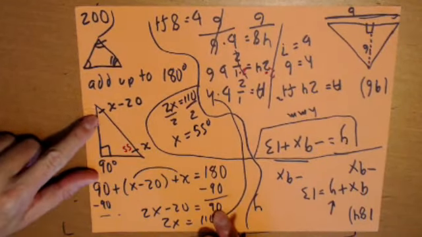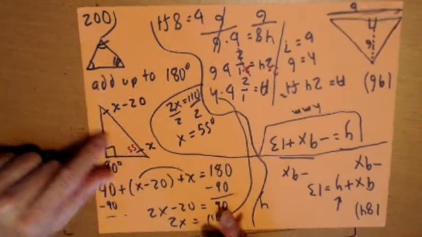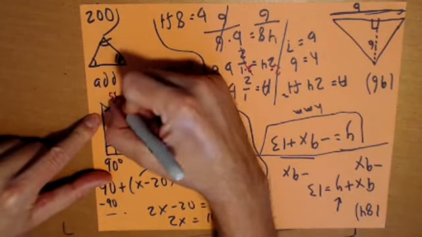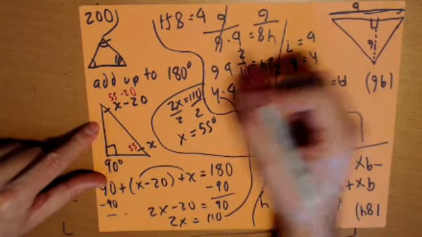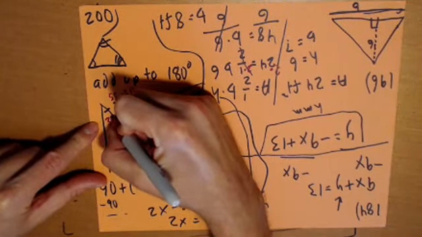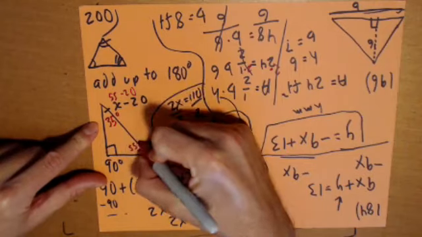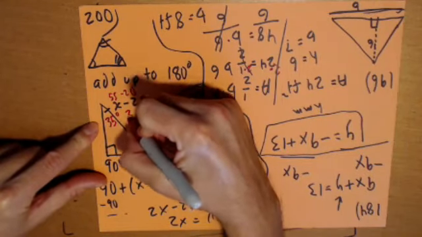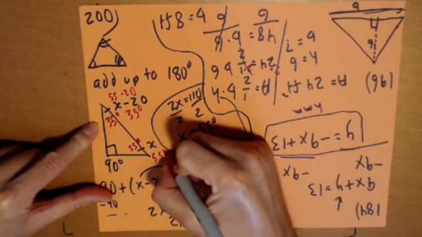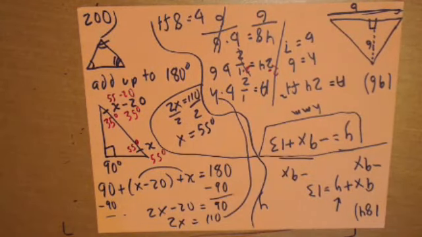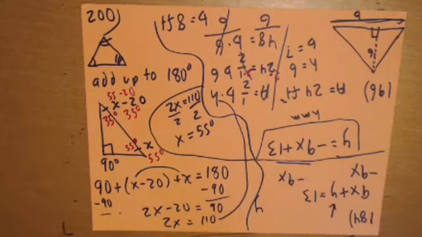And then this one over here is 20 less, so 55 minus 20, calculator, is 35. So 35 degrees, 55 degrees. You could have saved yourself a few seconds.